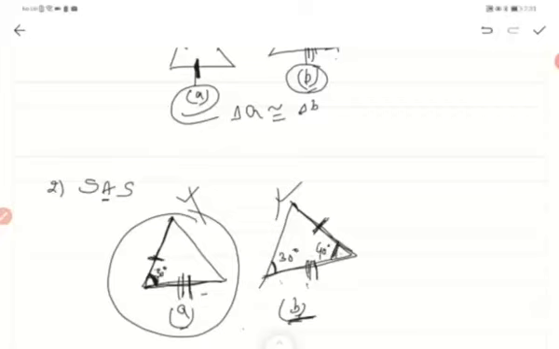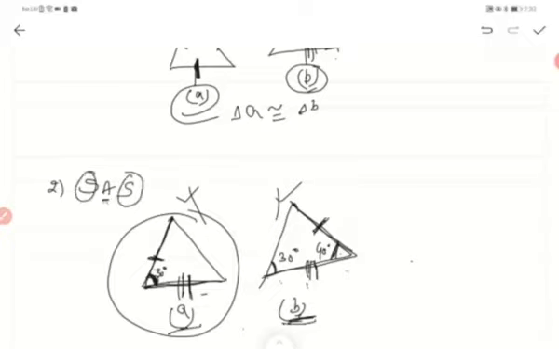So these two triangles are not congruent. Is it clear? You should have two sides of the same length and the included angle should be the same. If it is the same for the second triangle also, then you will say the two triangles are congruent. If the included angle is different, then they are not congruent.